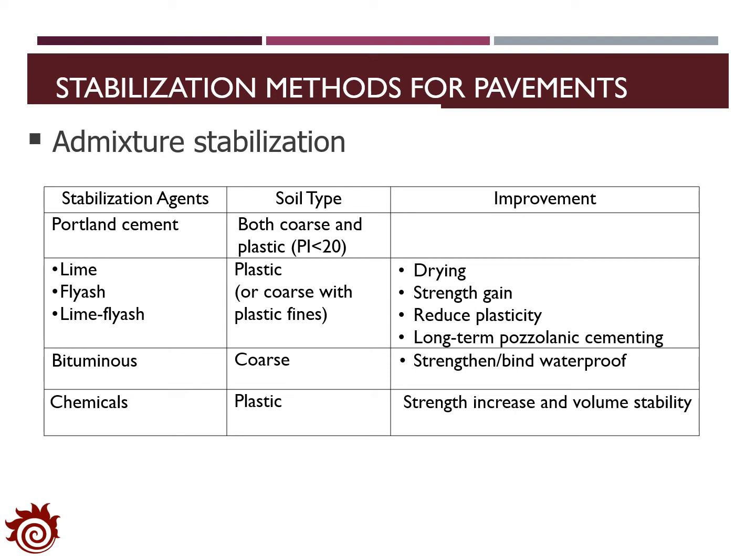They can also benefit long-term pozzolanic cementing. Usually bituminous agents could be applied for coarse materials so that we can improve the waterproofing capability of the soil. For plastic soil, we will need to introduce some chemicals so that we can improve the strength and volume stability.